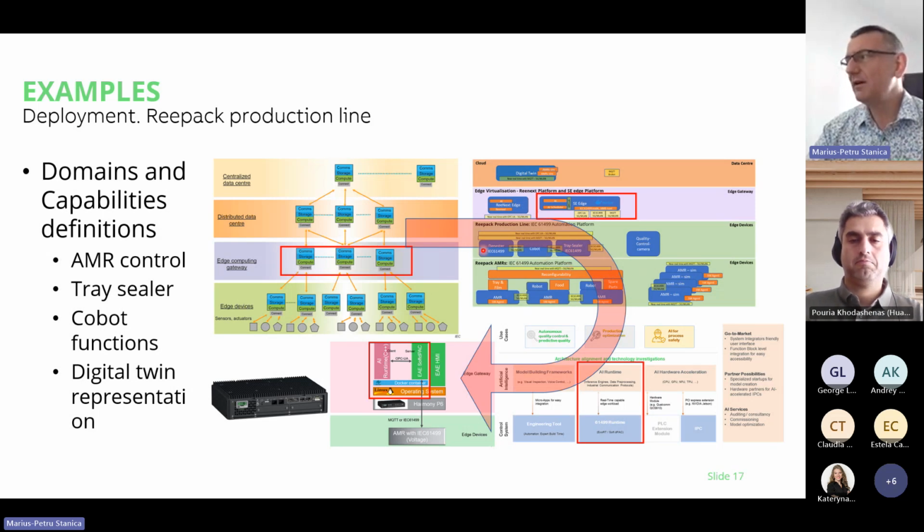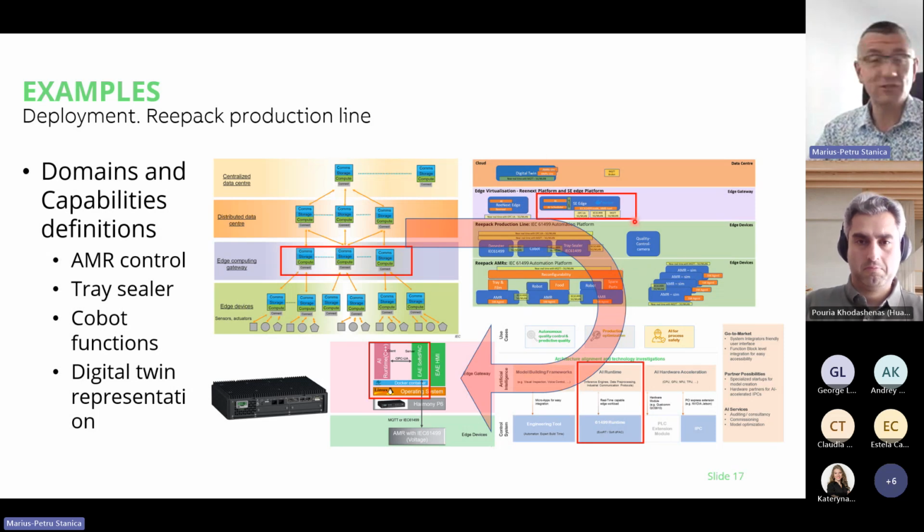Then we have a sealer for those packets or trays. Then we have cobots which move the packets farther on. We have a quality control camera, and then we have some edge capabilities, either from the Schneider Electric side or from Renext in this case, and we may even have digital twin representations. This is the overall view.